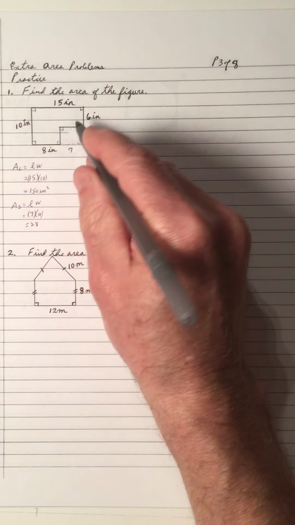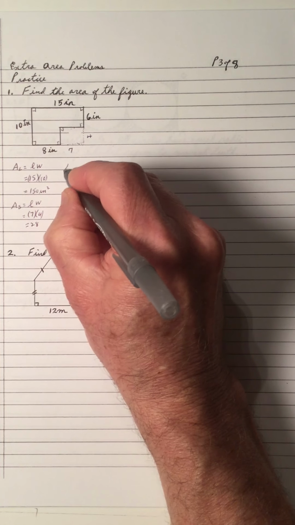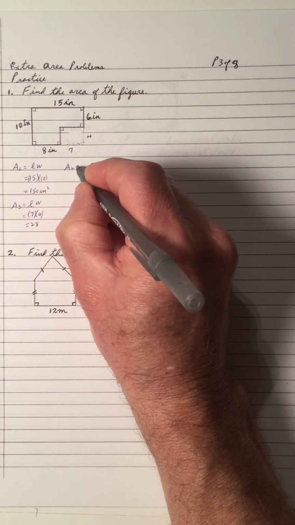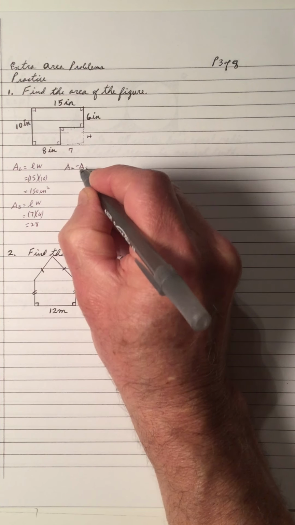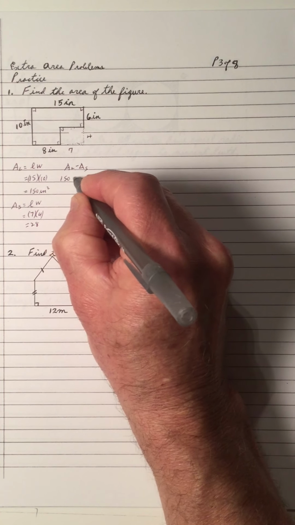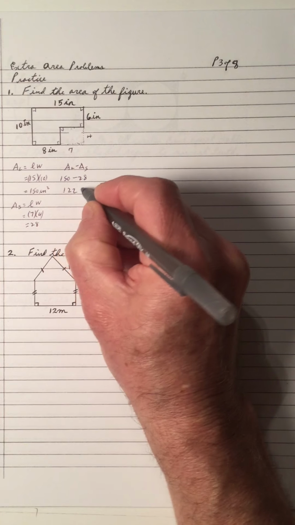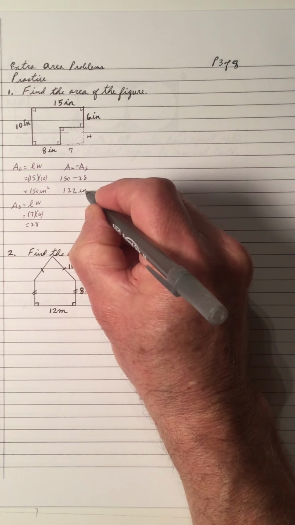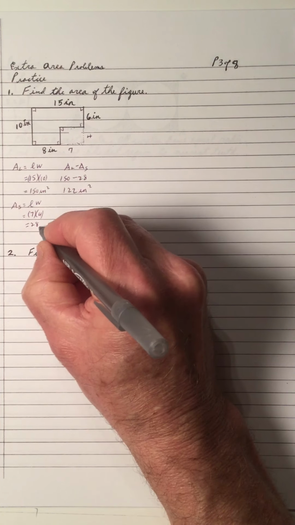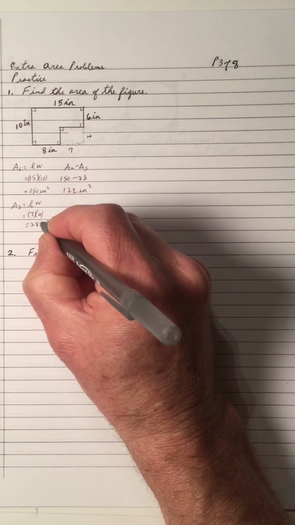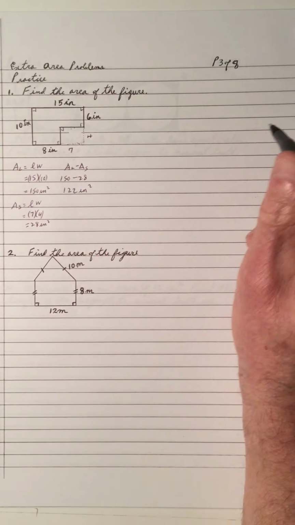So the area is the area of the large, subtract the area of the small, so that's 150 minus 28, so that's 122 inches squared. Remember, inches squared is area, so that's one way.